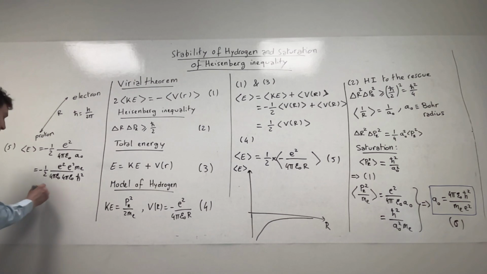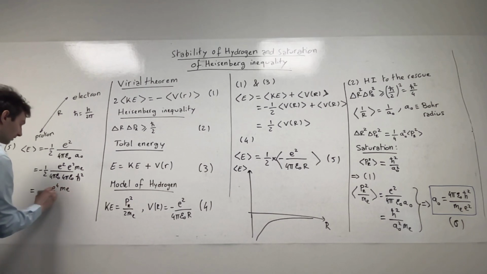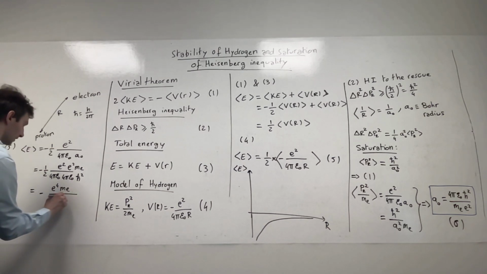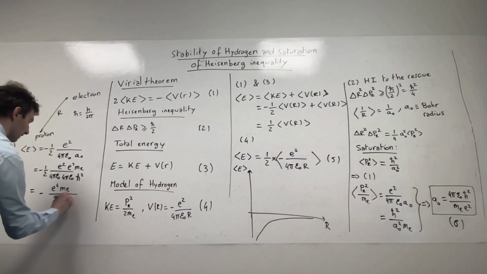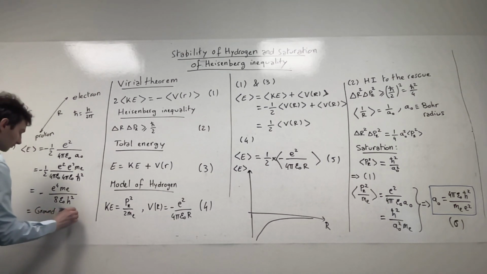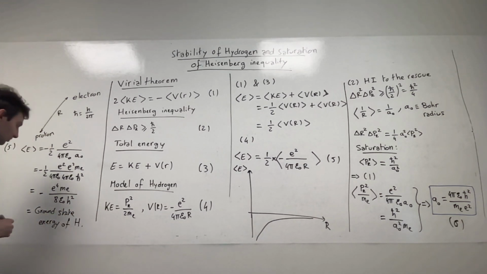So basically you're going to get here e⁴ m_e, and then here you're going to get a minus 8ε₀h². Okay? e⁴ times m_e divided by 8ε₀h², and this basically is the ground state energy of the hydrogen atom.